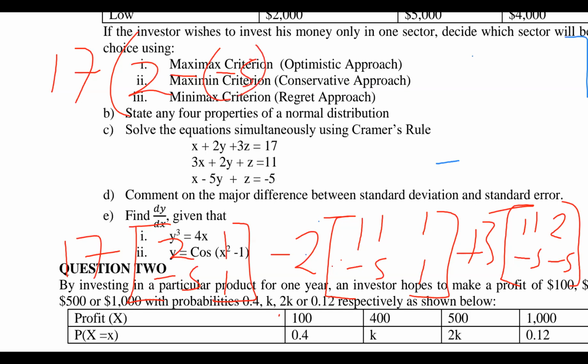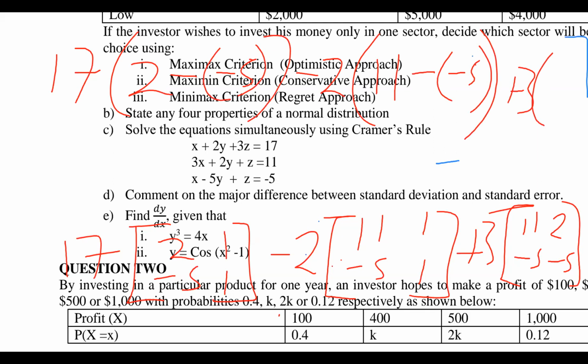Very good. Then you come to negative 2. 11 times 1, 11, minus the negative 5 times the 1, negative 5. And then you come to positive 3.